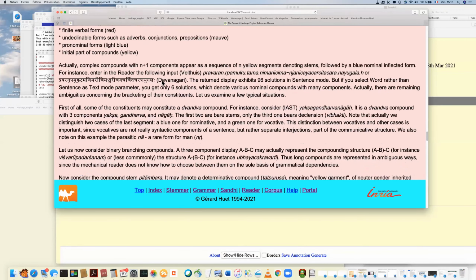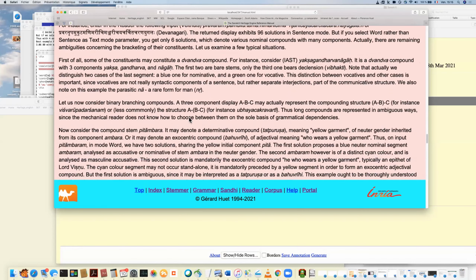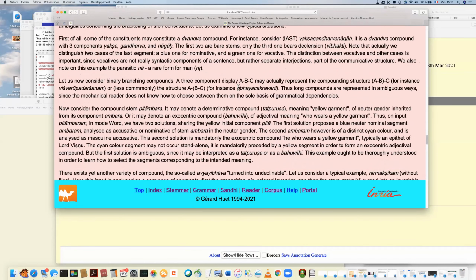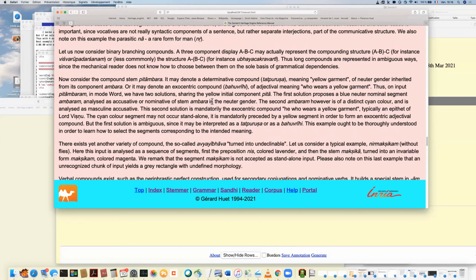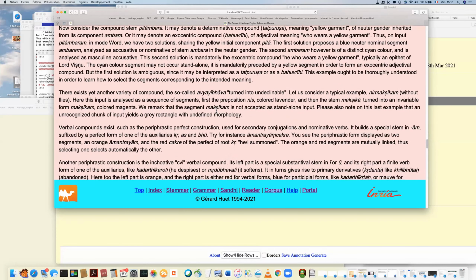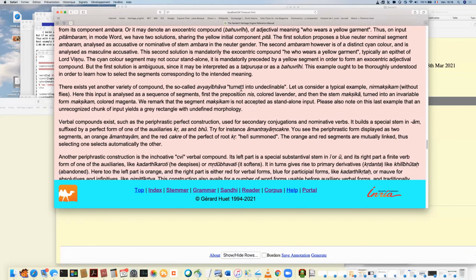Sure, sir. Thank you so much. Now I give some more indications about compounding. I indicate avyayibhavas, how to turn into indeclinable. So you have to understand the colors in order to understand the various kinds of compounding.